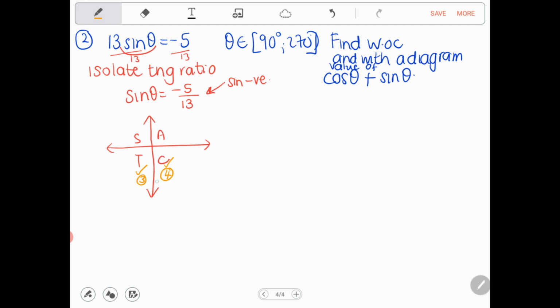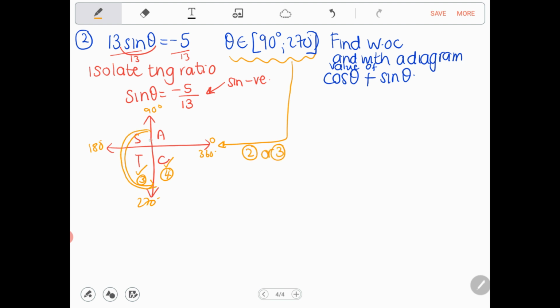I can't draw into 2 quadrants. So my other piece of information: theta has to lie between 90 and 270, which means it's got to lie in quadrant 2 or 3.